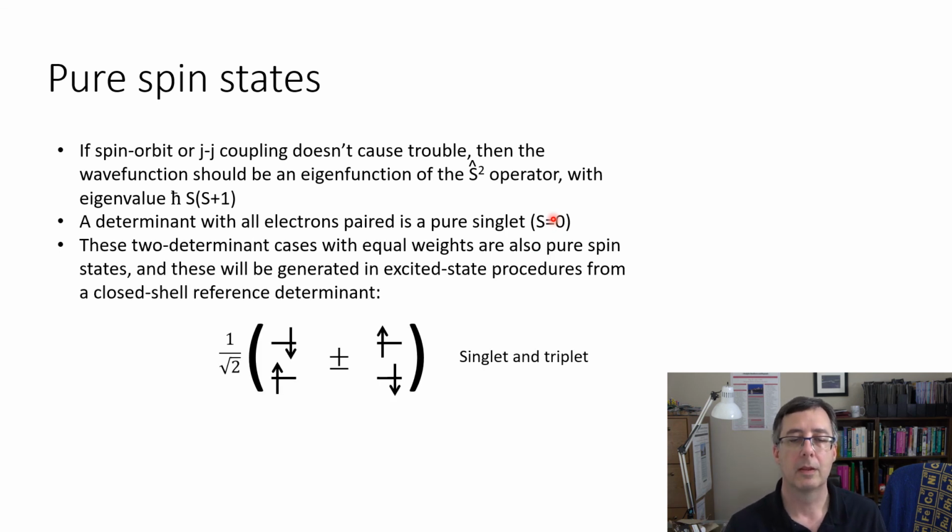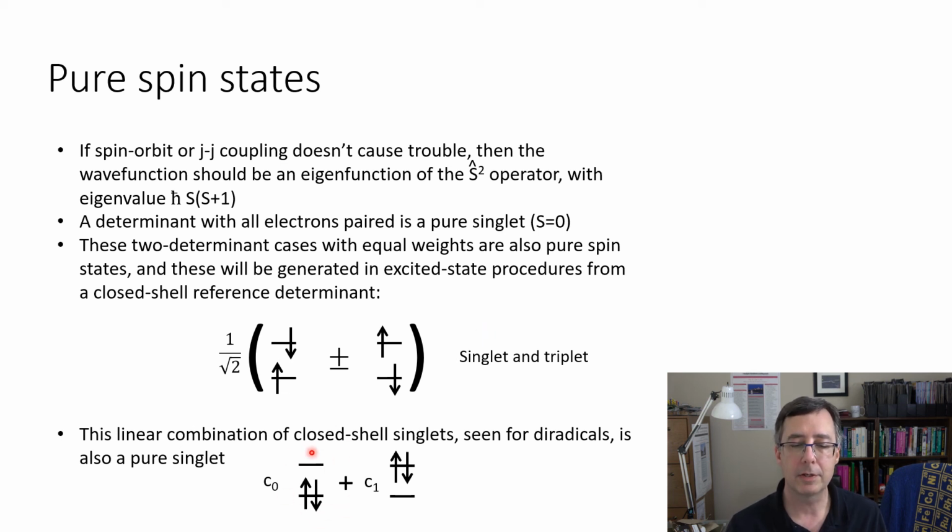Okay? If you're in one of these two determinant cases I've been talking about, where you have plus and minus these to get a singlet and a triplet, these, if you had them somehow in your wave function, are pure spin states. Pure singlet or pure triplet. So they're fine conceptually, and if your program can generate them, like in a CIS calculation on excited states, then great, you have a spin eigenfunction, no problem.